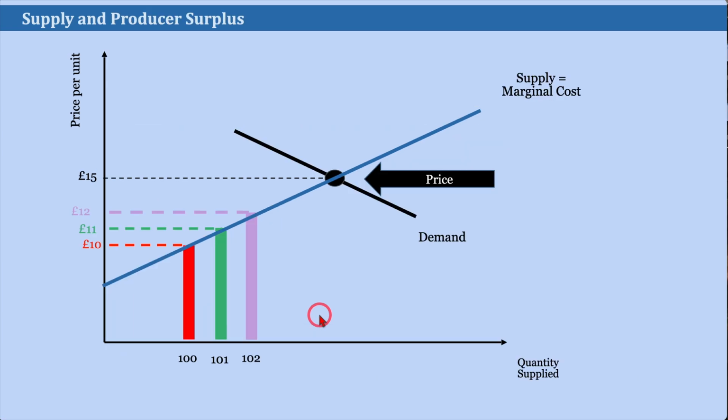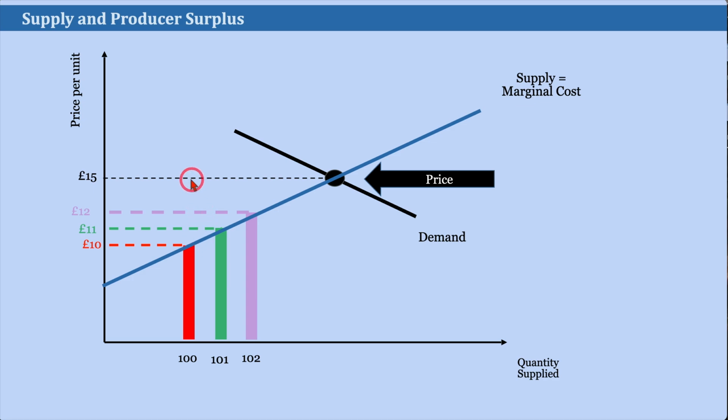So moving on to the producer surplus now, not the consumer, that was the demand. Producer surplus, this is the surplus that the producer gets. So the idea is that let's take 100 goods being produced in the market, and I as a firm am willing and able to do so because for every one good produced, it's costing me £10.